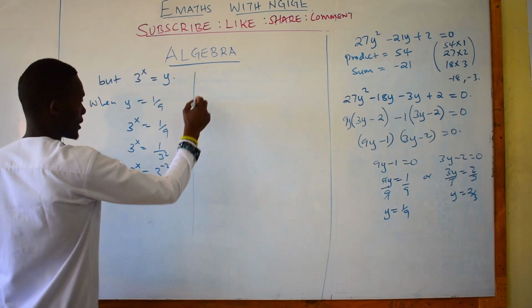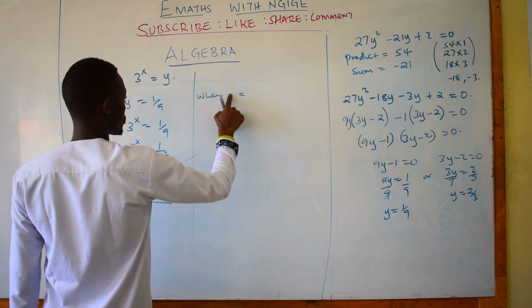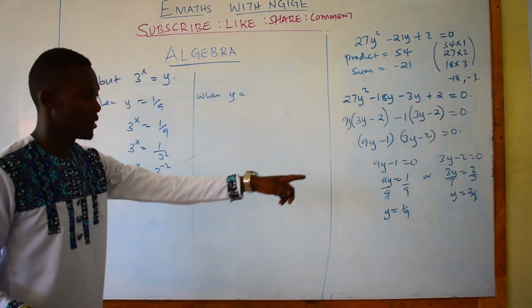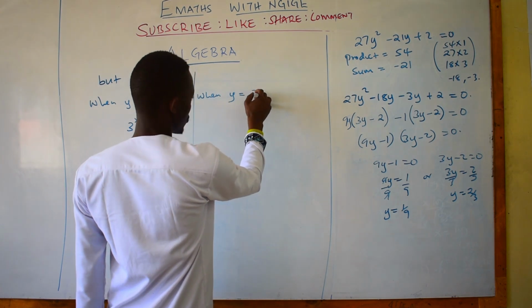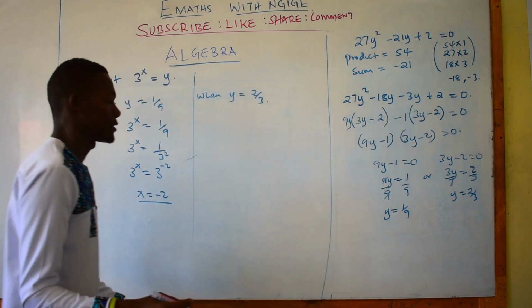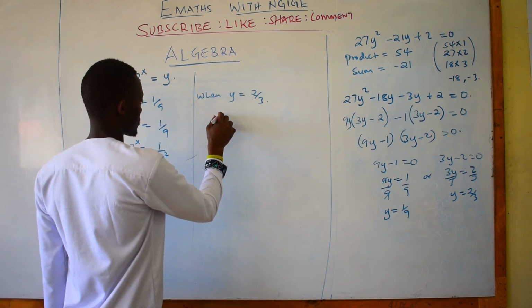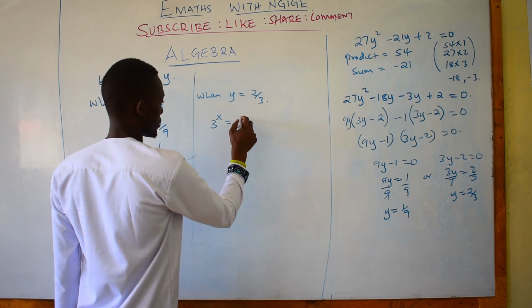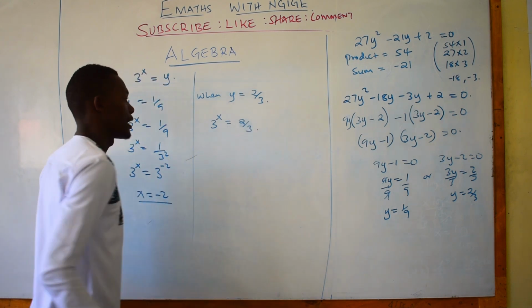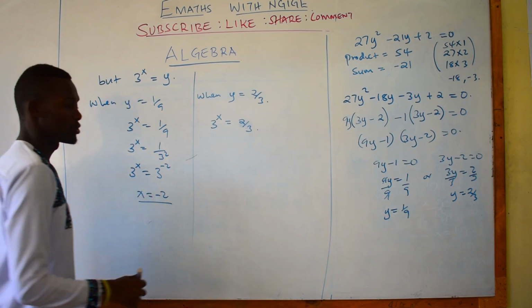Then, when y equals 2 over 3, we have 3^x = 2/3. For this case, you cannot write these numbers in terms of the same base. Therefore, we introduce the log.